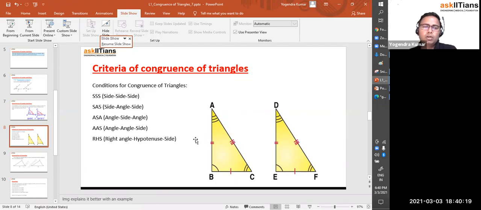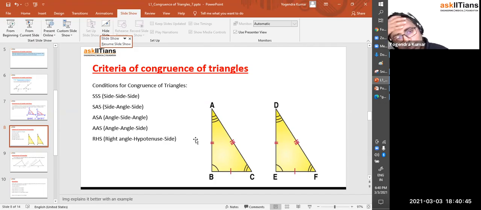So what are the conditions? Their corresponding sides have to be equal. Corresponding sides are equal means one triangle has sides of 3, 4, 5 centimeters respectively, and the other triangle is also 3, 4, 5. So obviously they're going to cover each other, right? That is SSS congruency.